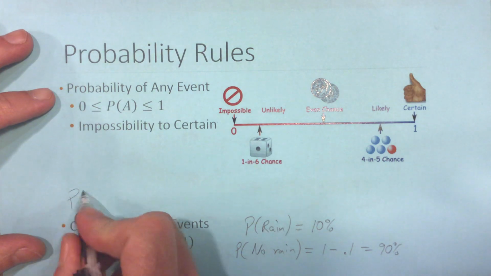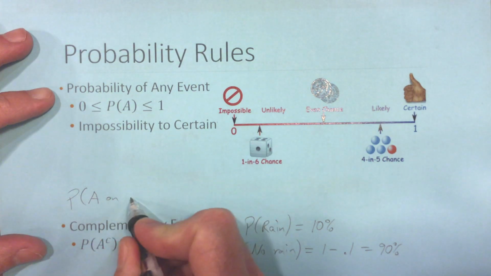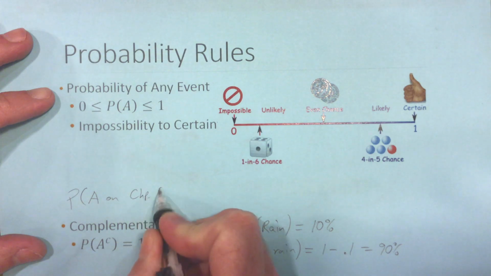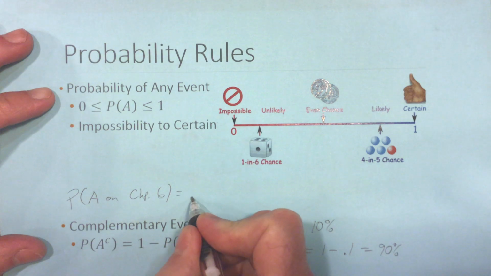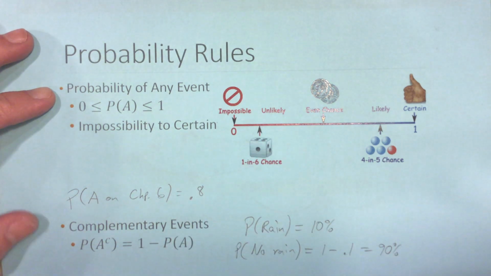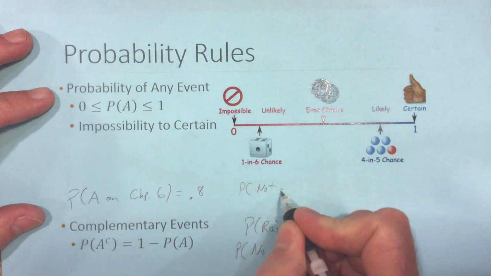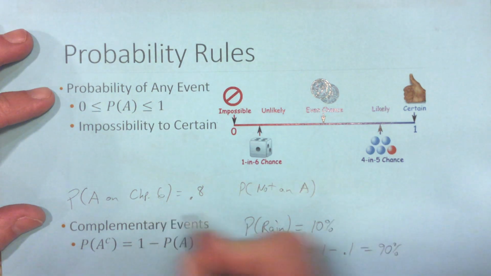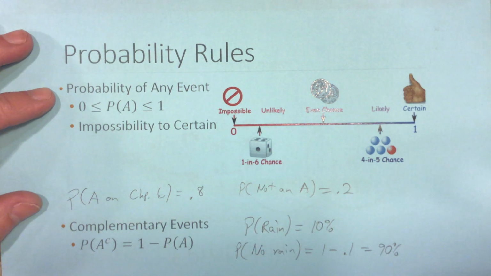What's the probability you get an A on chapter 6? Let's say it is 0.8 or 80%. Then what's the probability of not an A? It must be 20%, because those are complementary. You either get an A or you don't get an A.